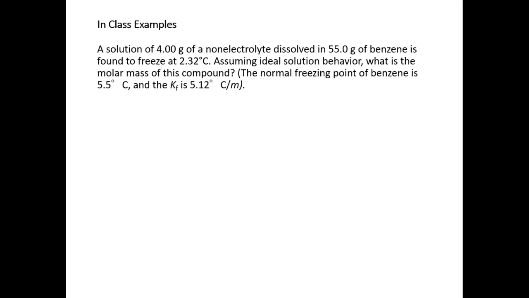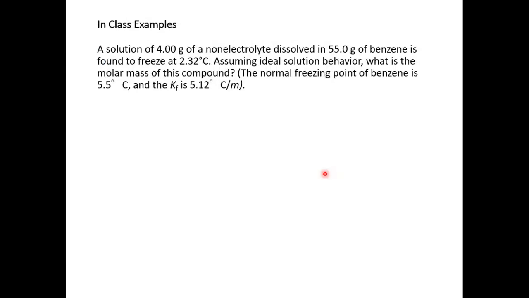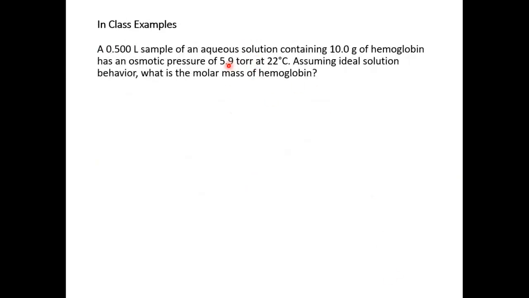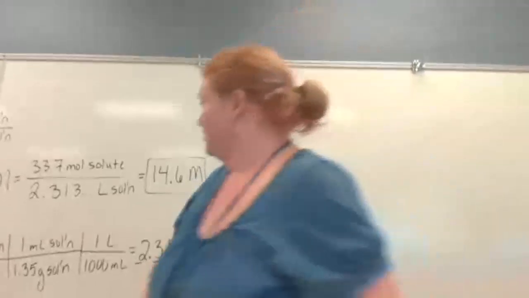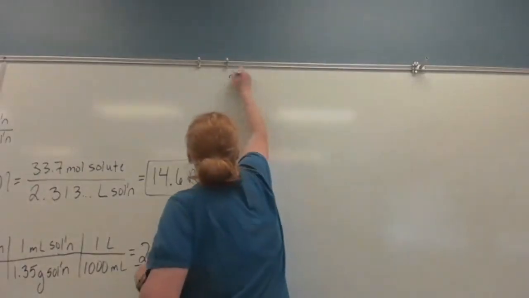It's only molarity. This was freezing point depression, not osmotic pressure. Okay, so you guys should be able to manipulate this around, convert those pressures and that temperature, and let's solve for molarity. Yeah, let's try that. How do you convert from torr to atmospheres? Remember the conversion?